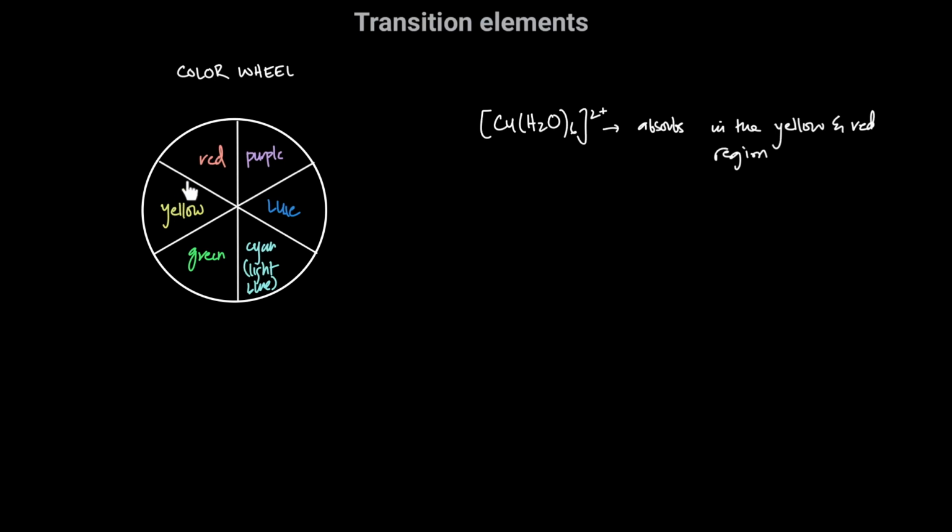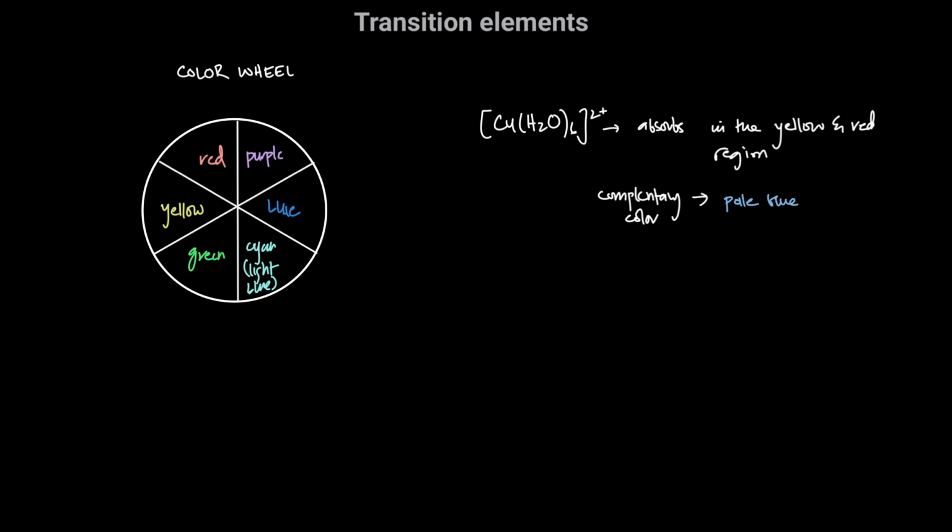So if you look at the color wheel, if it absorbs in the yellow and red region, the complementary color is the one directly opposite that. Directly opposite yellow and red is blue and light blue, and that's the color that we observe. So the complementary color, which is the observed color in this case, is pale blue.